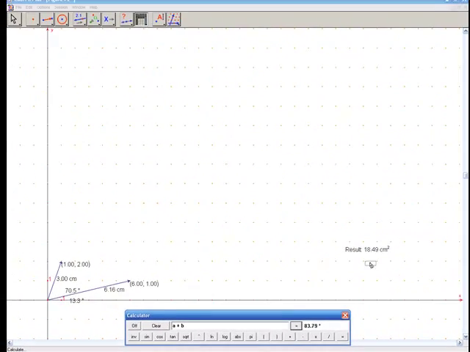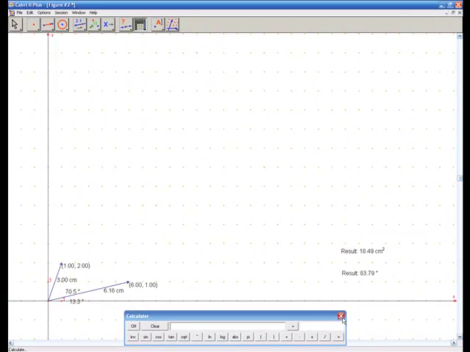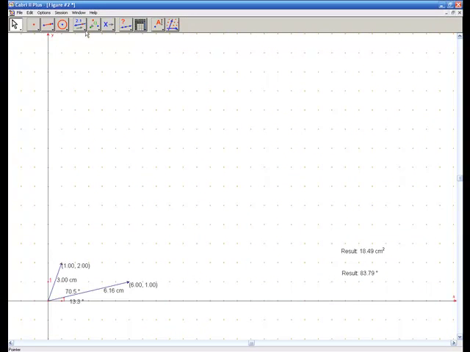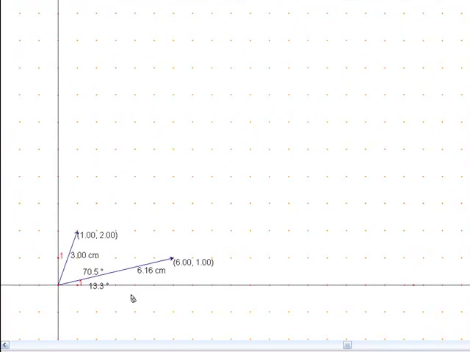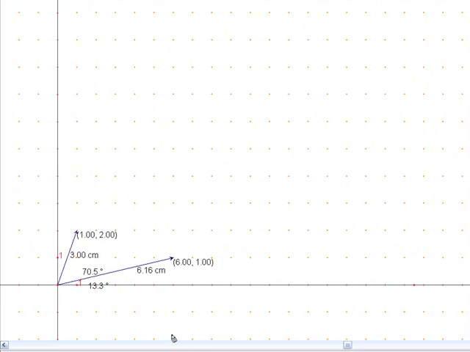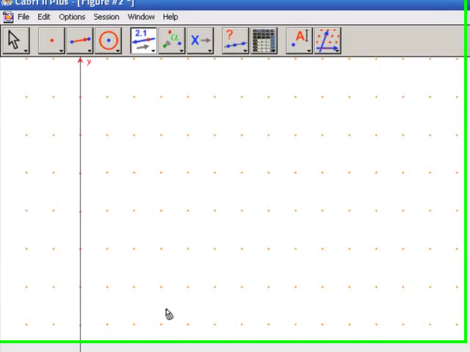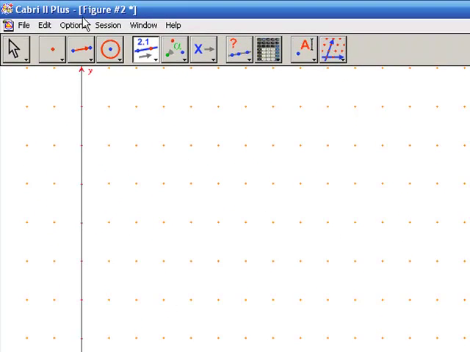Take that angle measure, put it up here. And again, we're going to do a measurement transfer of the magnitude of the result onto the real axis. 18.4. I think that's it right there.